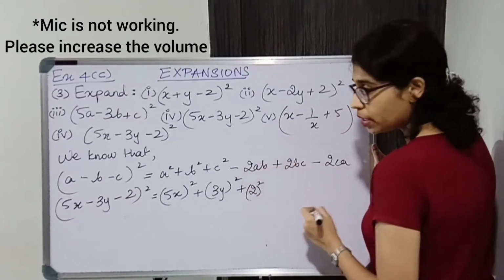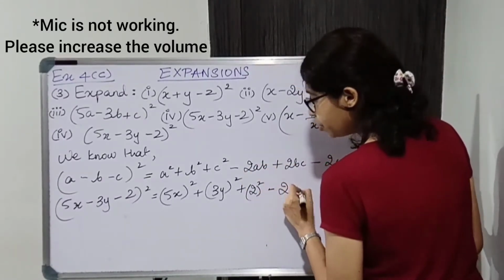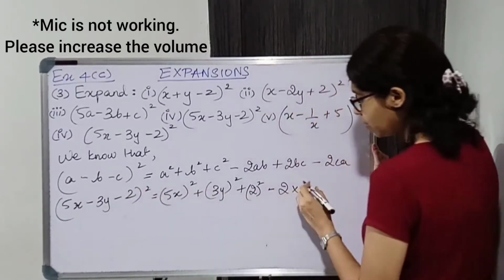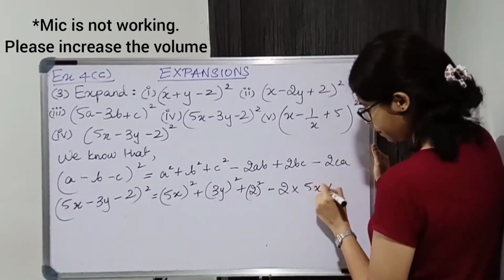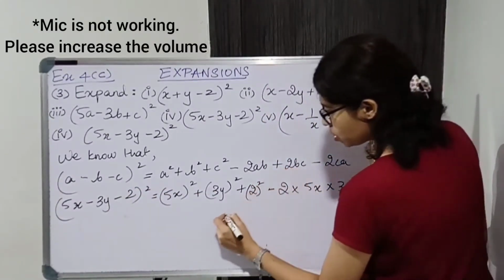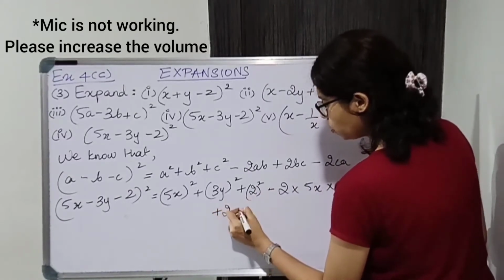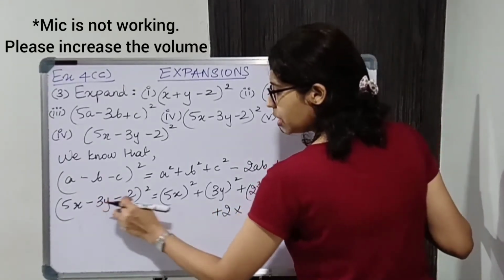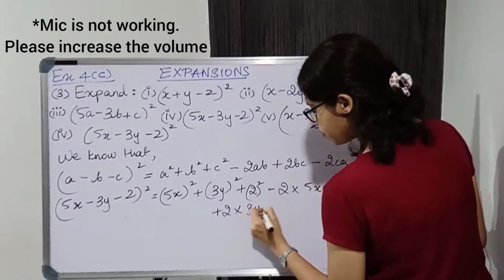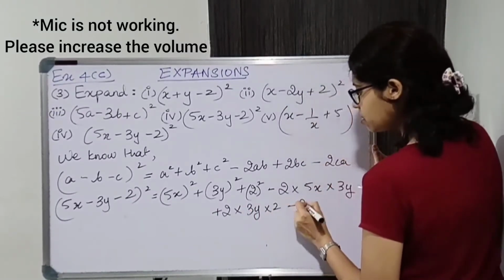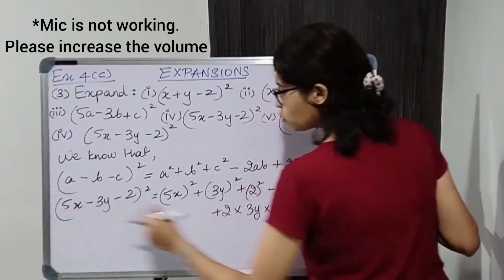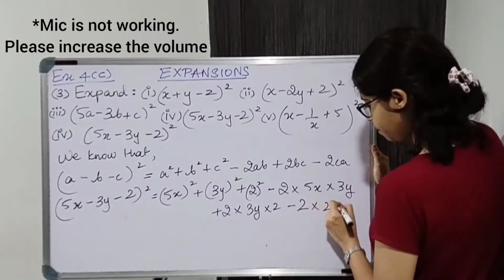Now minus 2AB. So minus 2 into a is 5x, b is 3y, plus 2BC, that is 2 into 3y into 2, minus 2CA, that is 2 into 2 into 5x. Okay.